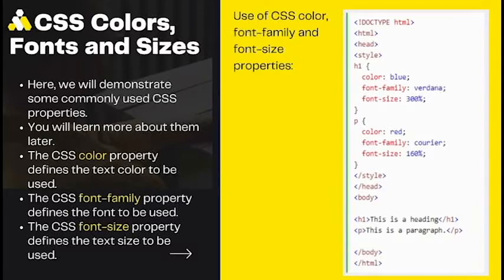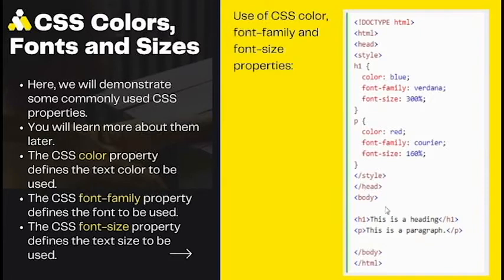Okay, CSS colors, fonts, and sizes. Here we will demonstrate some commonly used CSS properties. I think we are already familiar with these properties: the color, the font family, the font size.